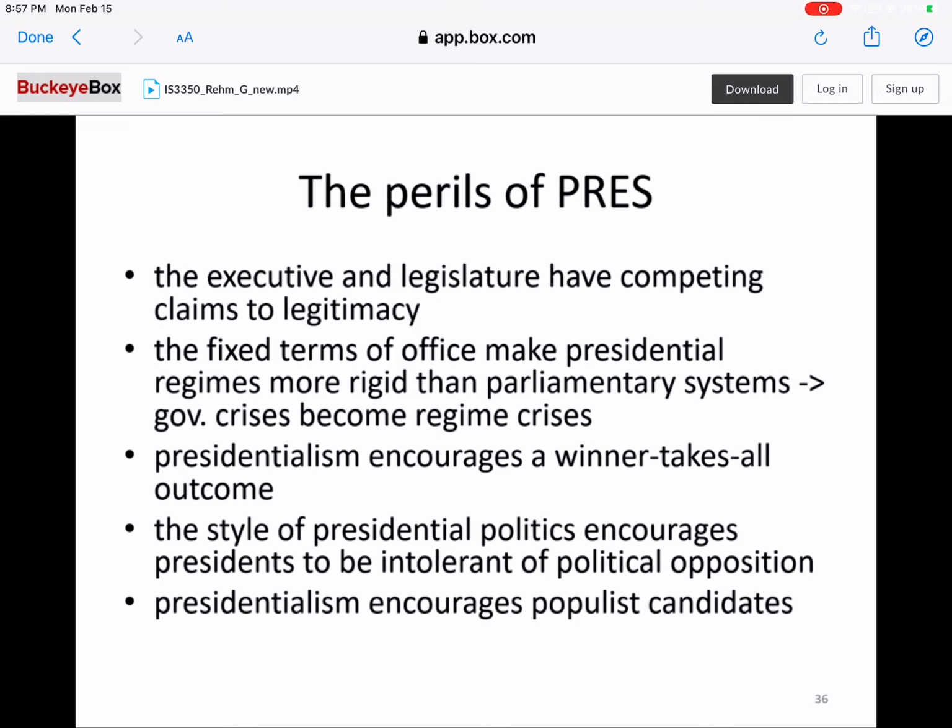Some people also say that presidential systems encourage populist candidates, which historically have a difficult record.